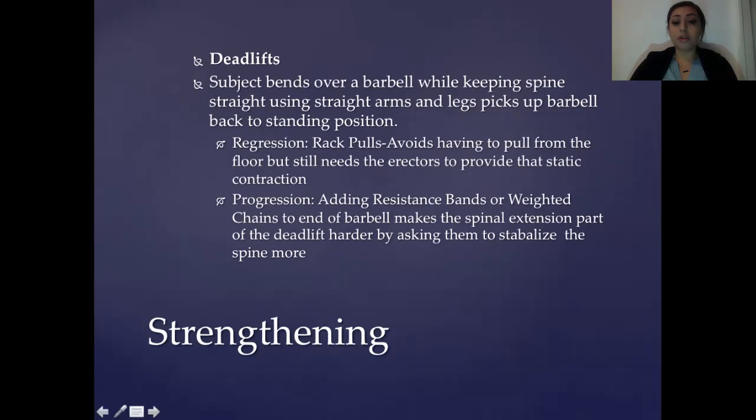A little progression for those that are more advanced is to add resistance bands to the end of the barbells, or you can add weighted chains at the ends as well, because it provides a way to engage the erectors a little bit more, as you're stabilizing your spine, and it makes it a little harder.